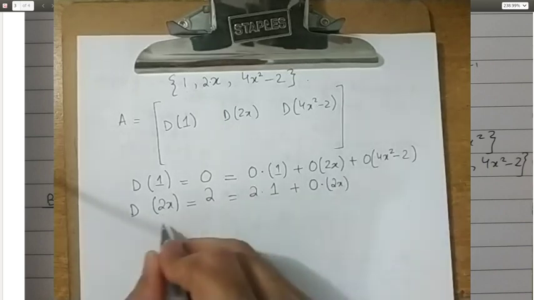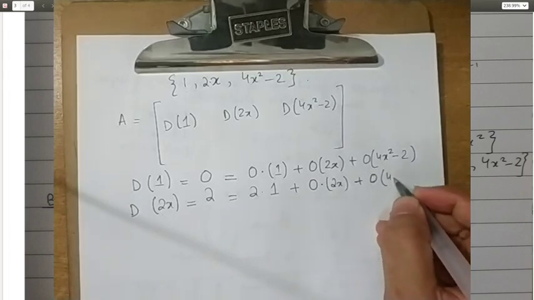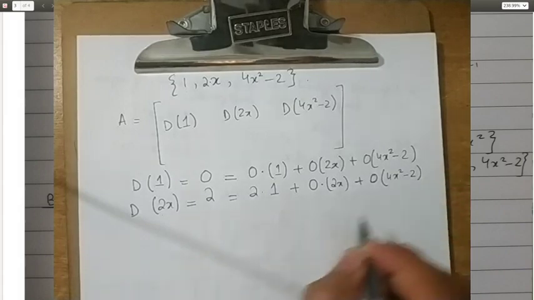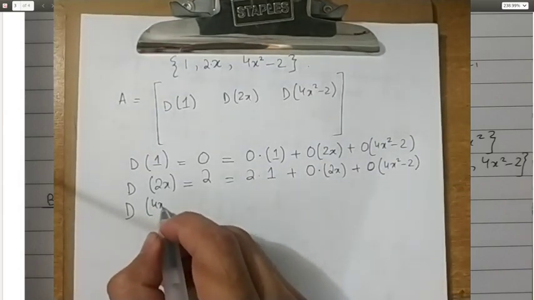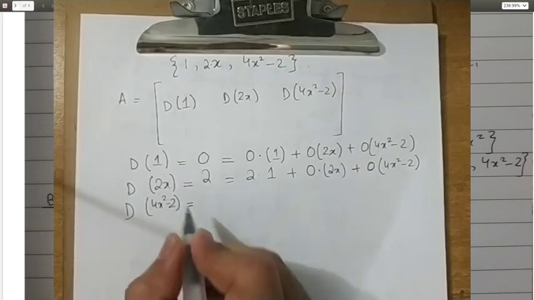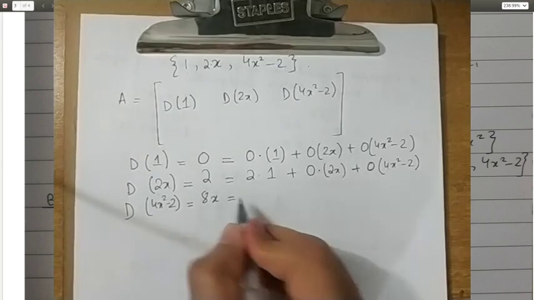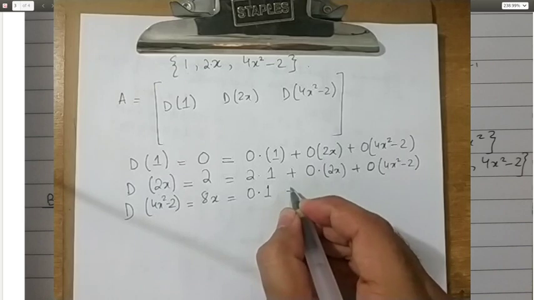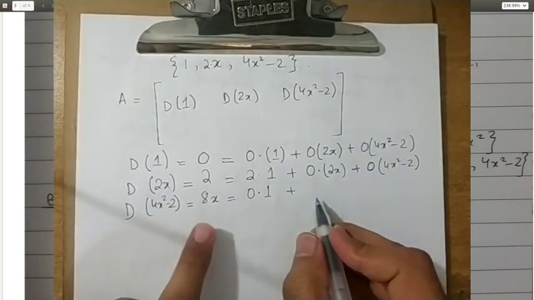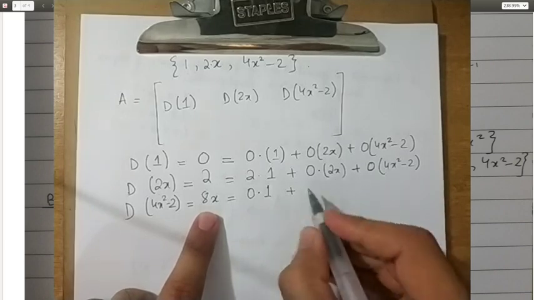There is no linear function, and I can just make this quadratic function 0 as well. And lastly, if we differentiate 4x squared minus 2, then the derivative is simply 8x, which has no constant term, so it's 0 times 1, plus I want to get 8x here, so to get 8x I need to multiply 2x by 4.